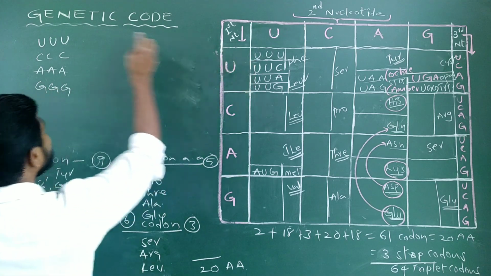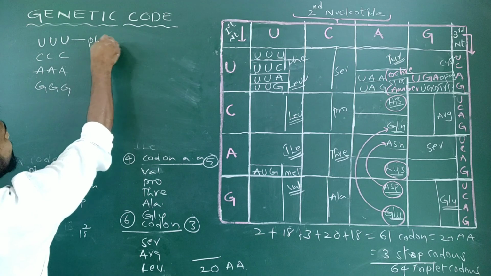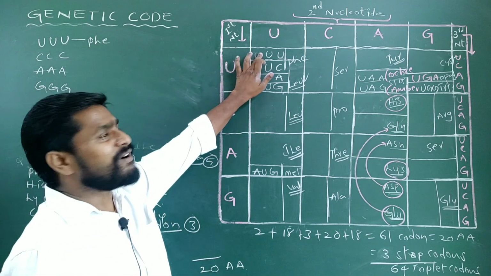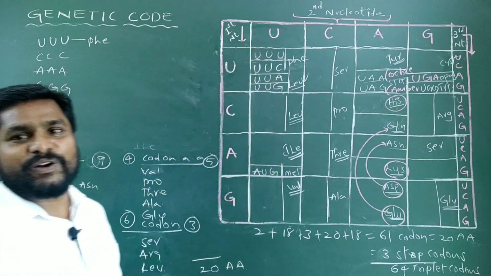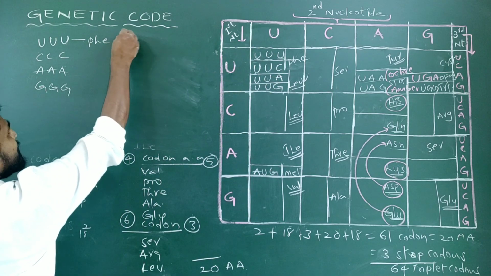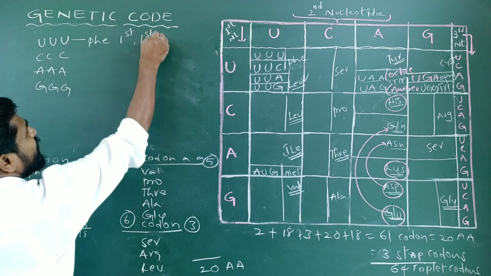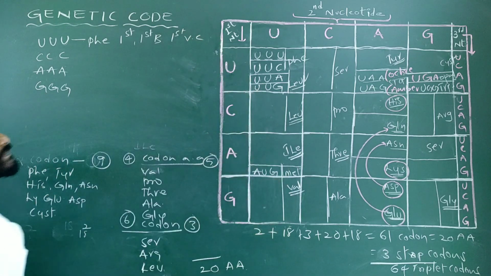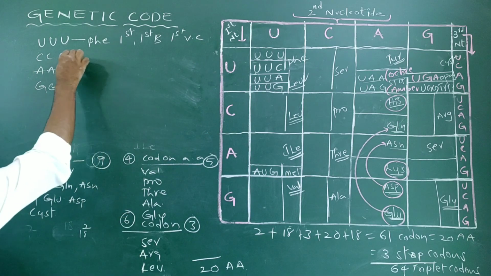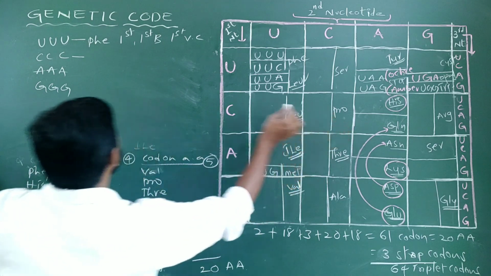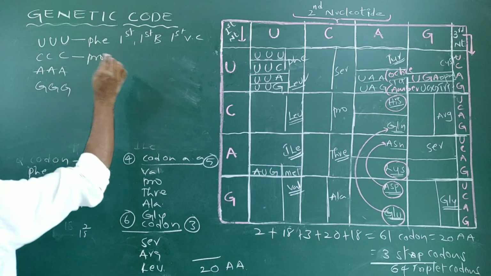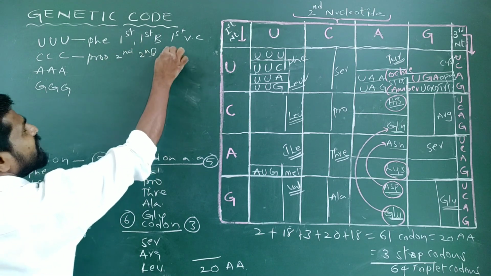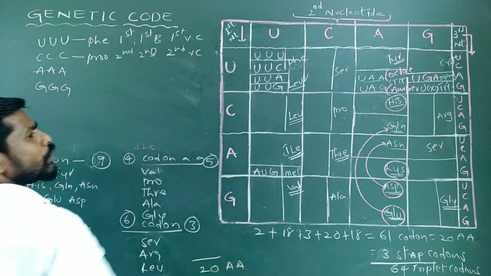The UUU is a triplet codon which codes for the amino acid phenylalanine, which is the first triplet codon of the first box of the first vertical column. And if we come to CCC, CCC codes for what? Proline, which is the second triplet codon of the second box of the second vertical column.